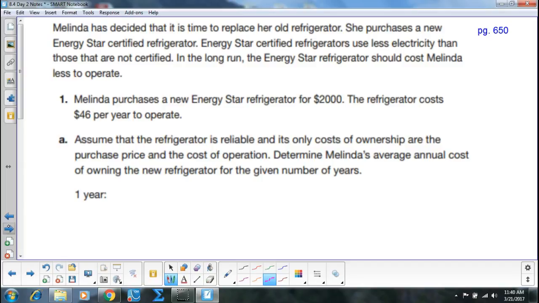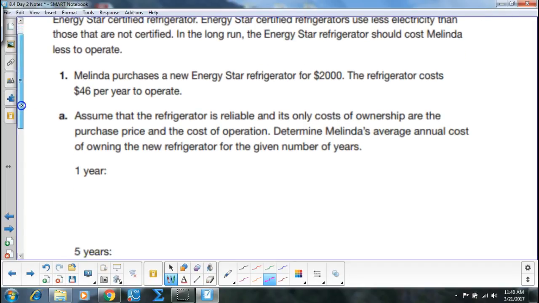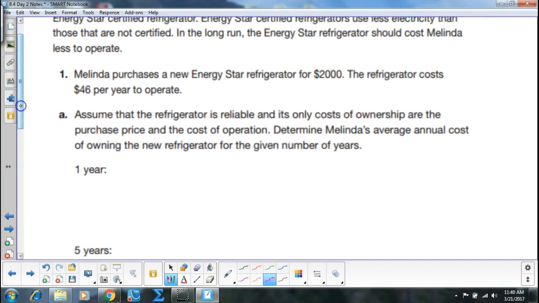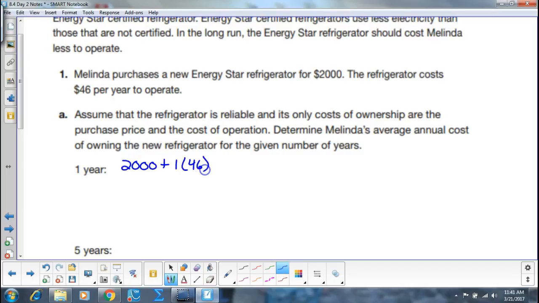Okay? All right? So after 1 year, how much has that refrigerator, what's the average cost for it? $2,046, because you take the $2,000 that it cost her to buy it, plus 1 year of operating it at $46, and then dividing that by the time frame that we're talking, which is 1 year.